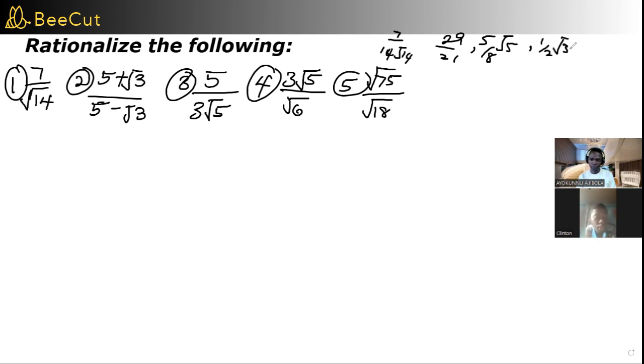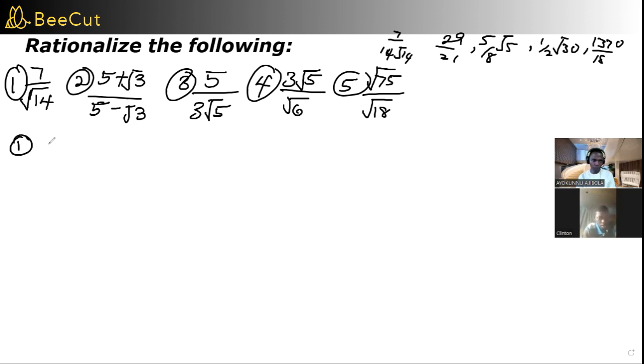Root 30 over 2. Okay, the fifth one. Okay, let's look at them together. All round up.